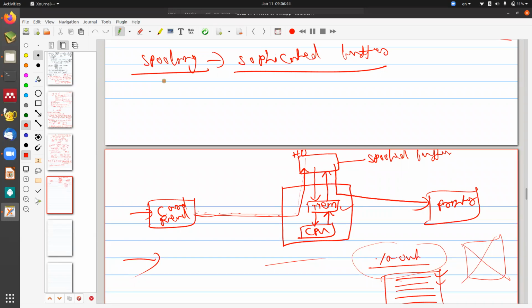Then we studied that even if the resident monitor improves the utilization of the CPU, there is still one more factor involved while executing the program: the speed of the IO devices as compared to the speed of the processor. Since the speed of the processor is quite high compared to the IO devices, because of this difference the CPU is most of the time idle.